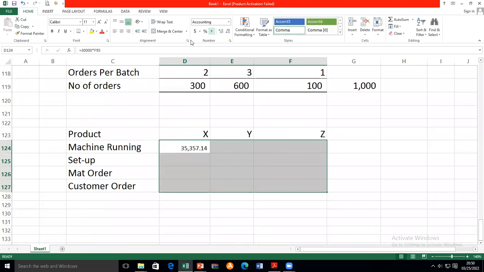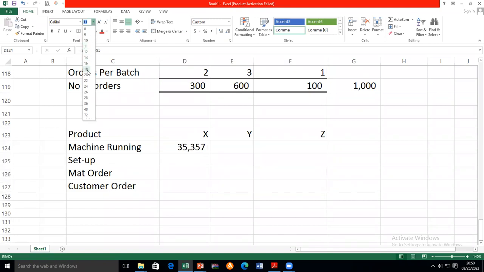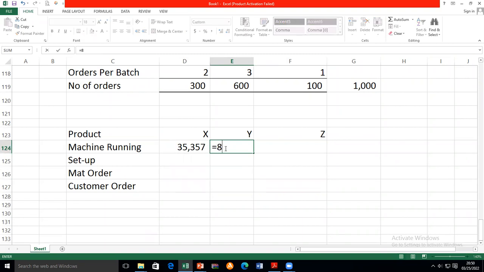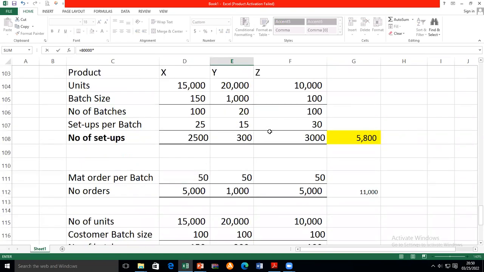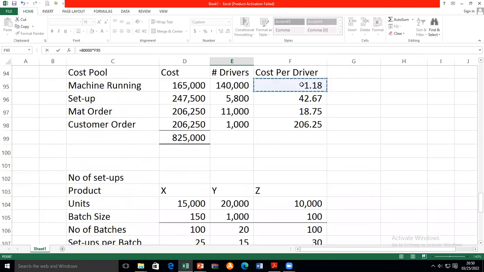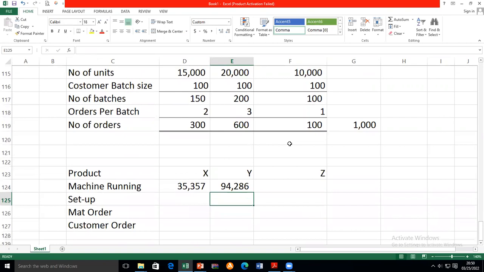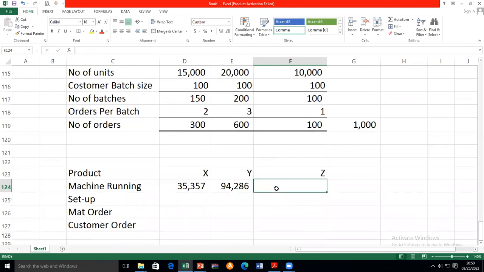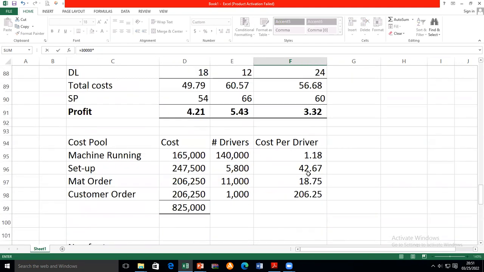If you didn't follow that one, let's come together. Here, how many hours? 80,000. Multiply by, again, the same number, this one. Here again is 30,000. Then you multiply by the same. So we are done with the machine hours.